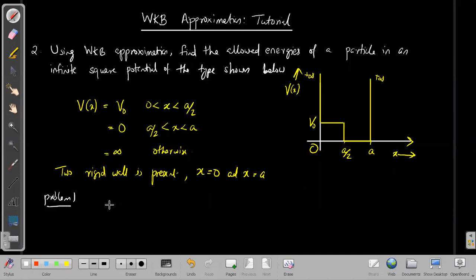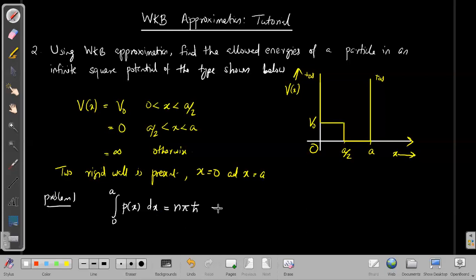Recall from problem 1, it's the integral from 0 to a of p(x) dx equal to n pi h cross.